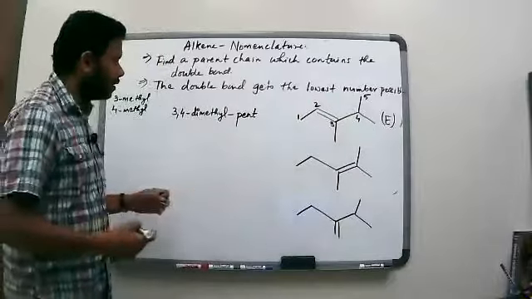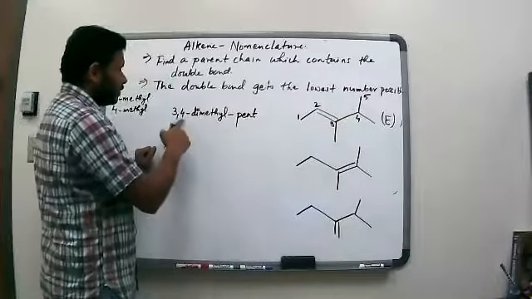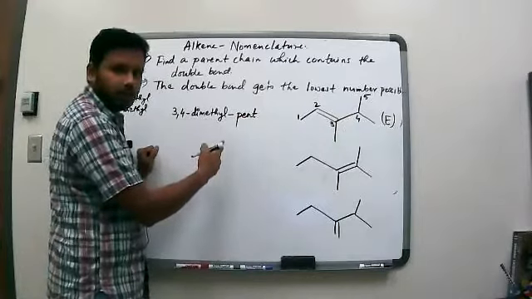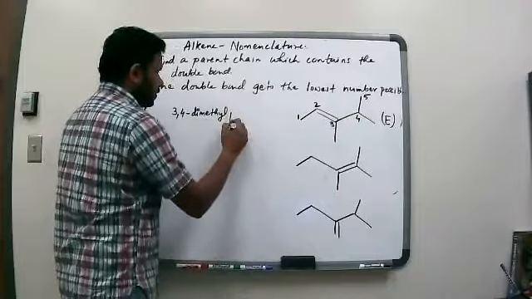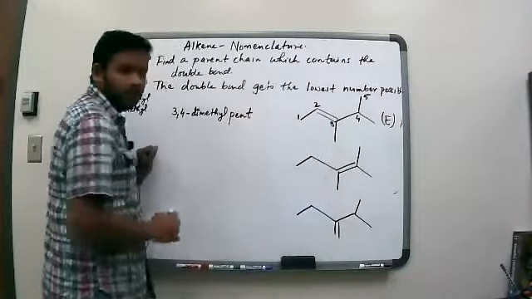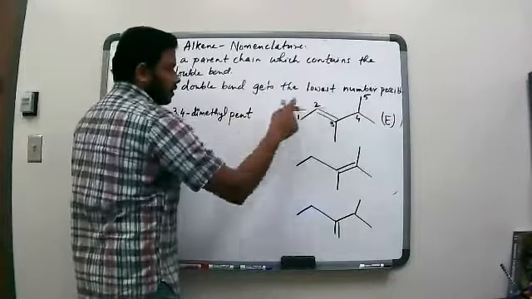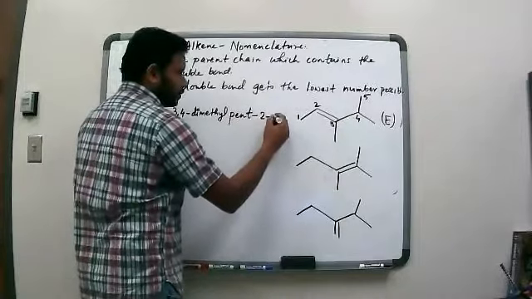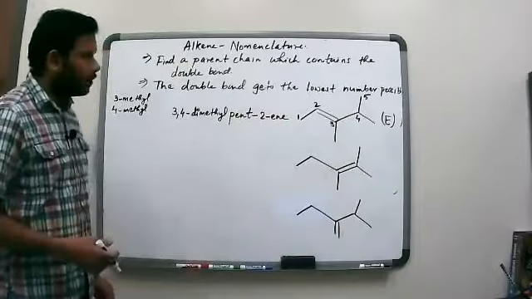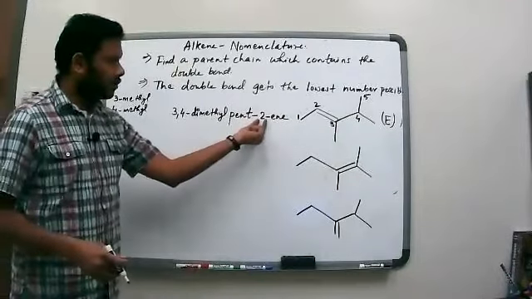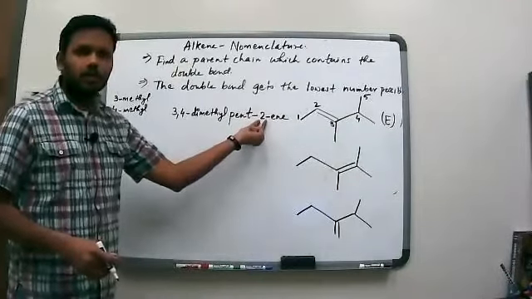So we're going to write this as 3,4-dimethylpent, no need for a hyphen there, and the number of the double bond, 2-ene. It's going to show up there to say that the double bond is on carbon number 2.